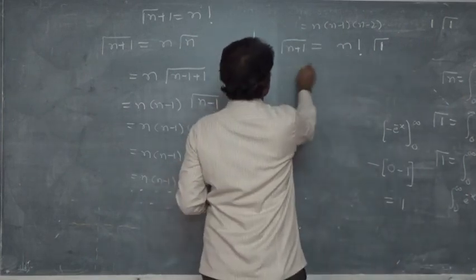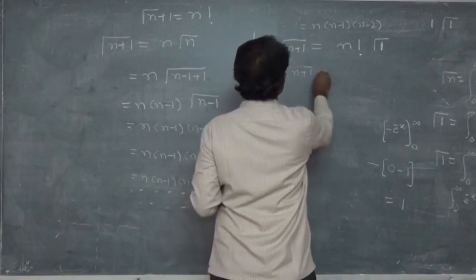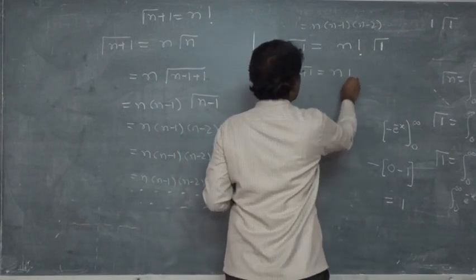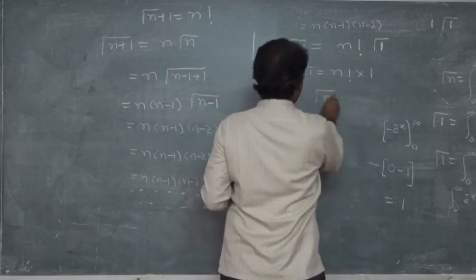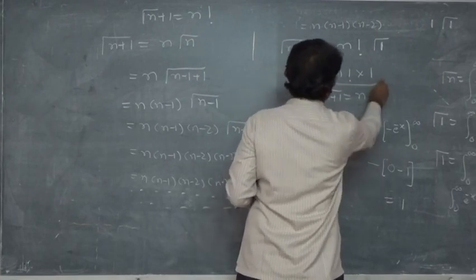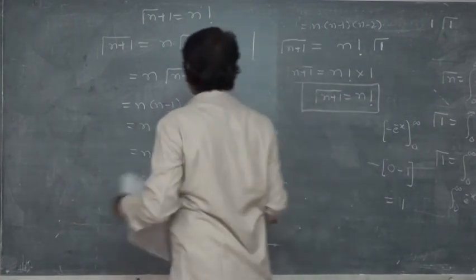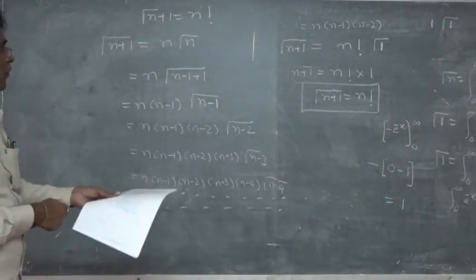So now this becomes gamma n plus 1 is equal to n factorial into 1. Therefore, gamma n plus 1 is equal to n factorial.